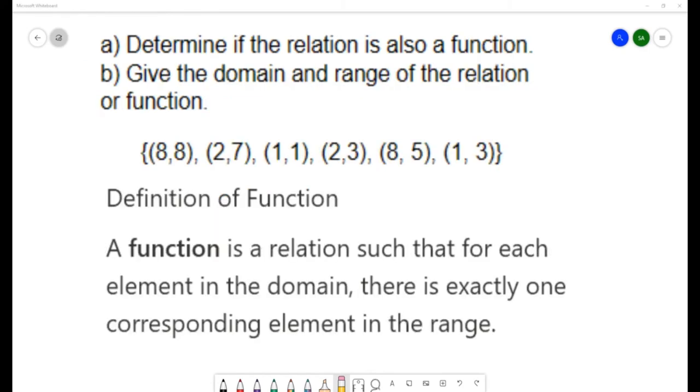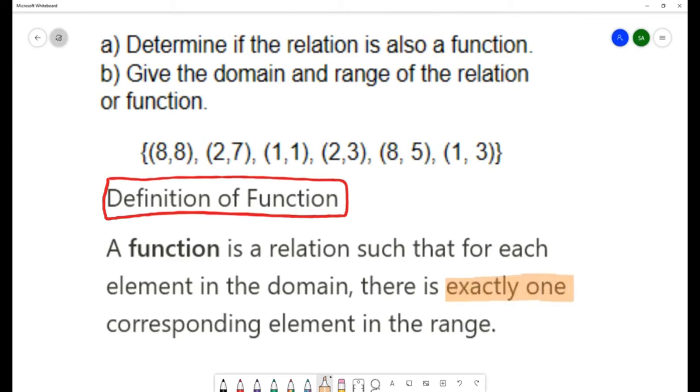Okay, so I grabbed a screenshot from our notes of the definition of a function. And here we have the definition: a function is a relation such that for each element in the domain, there is exactly one corresponding element in the range. So the keywords are this exactly one part.